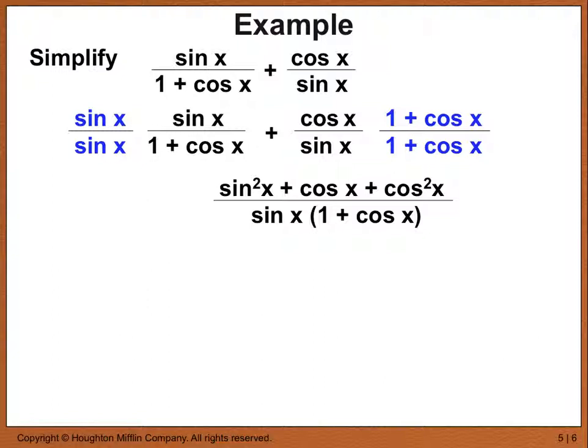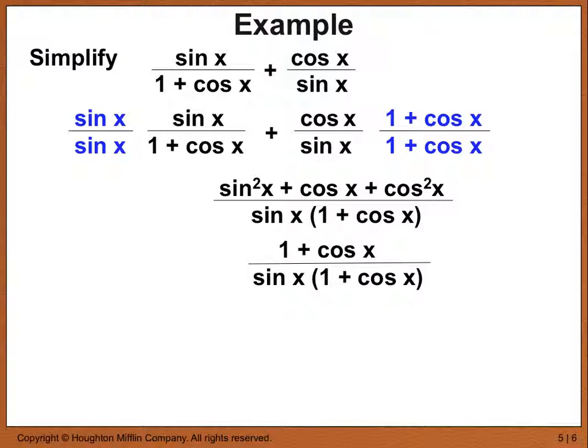All right, now you should recognize that sine squared x plus cosine squared x is present in the numerator, and therefore we can simplify that using a Pythagorean trig identity, which states that sine squared x plus cosine squared x equals 1, and so we have 1 plus cosine x over sine x times 1 plus cosine x.